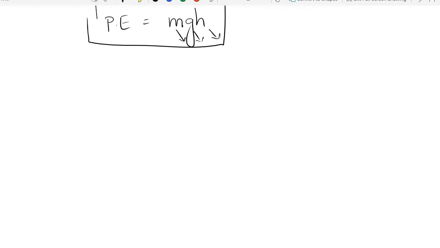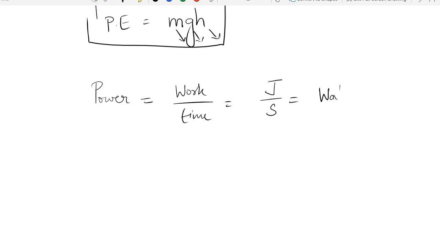Next we have another term known as power. Power is nothing but the rate of doing work, or work by time. So the unit for this would be, work is in joule, time is in seconds. So power is joule per second, or it has also been given the name watt.